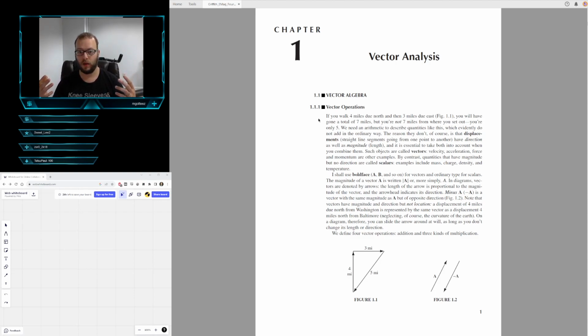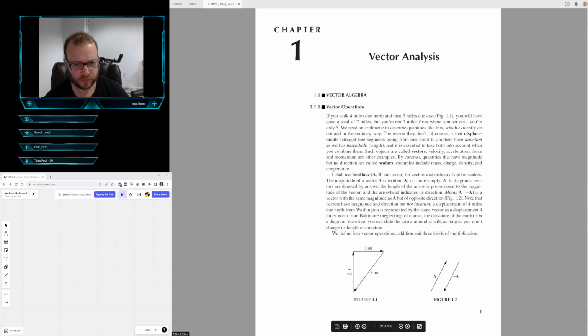Now, we are going to use vectors for a lot of things, and we need to understand what type of things vectors can describe. So, vectors are something that have both a magnitude and a direction. The magnitude is known as the length of the vector, and the direction is where it is exactly pointing.